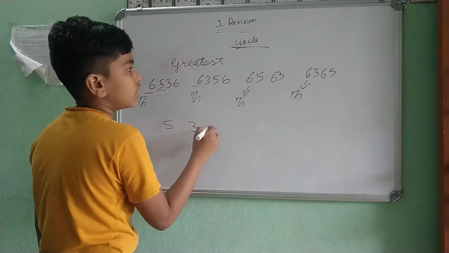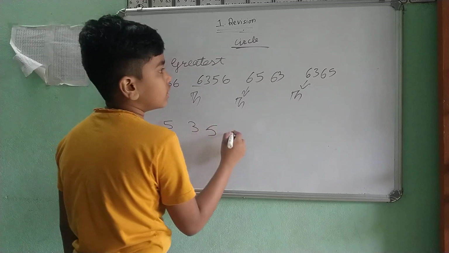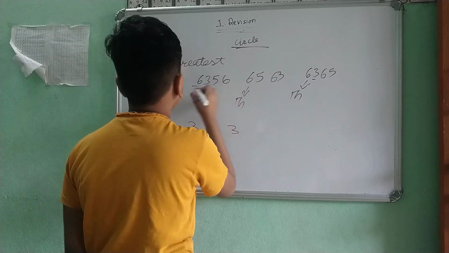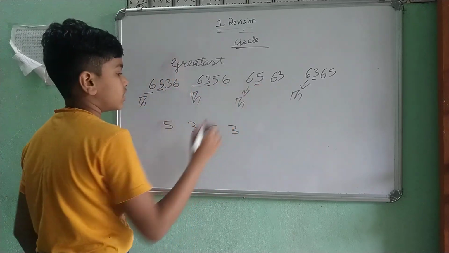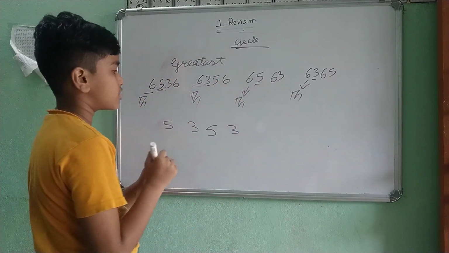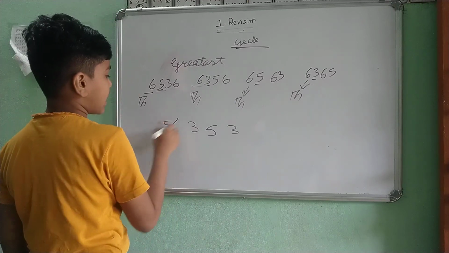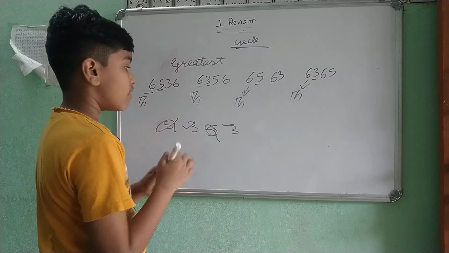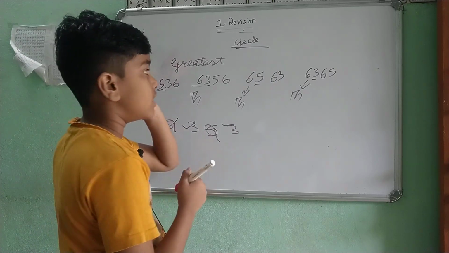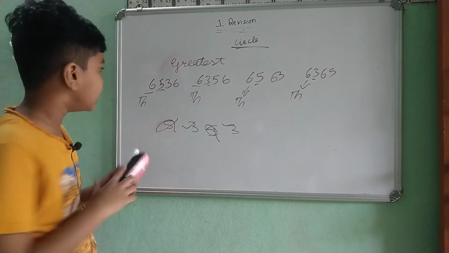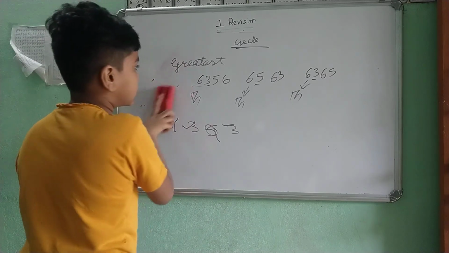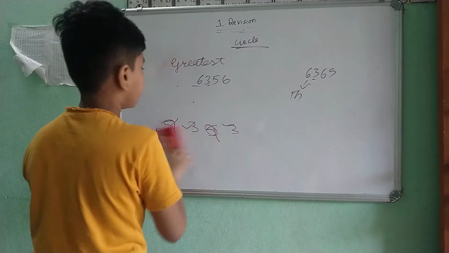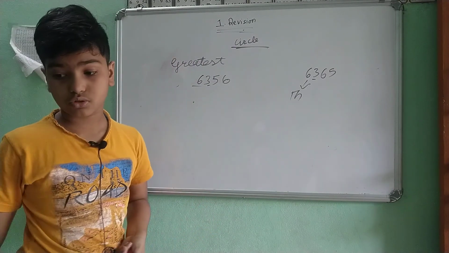Now these are the hundreds. 5 is bigger, but 3 and 3 are smaller. But how can we identify? What I will do is cut the same 5s and just compare these numbers. Now I have only two numbers to compare.